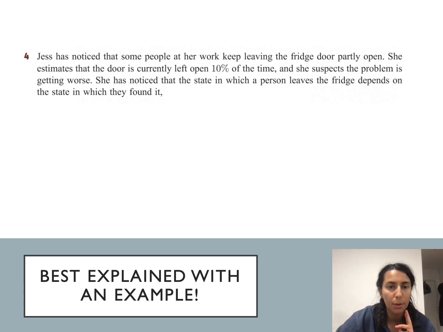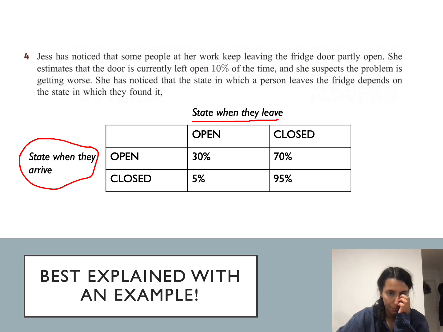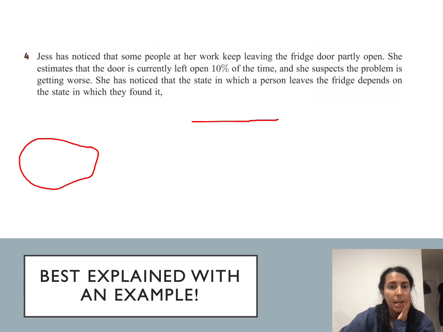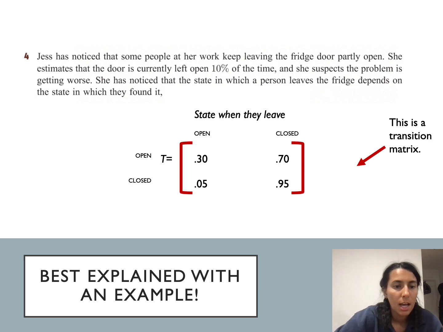So we can now put this information into a table like I had the other one, and you can see here, this is the current state and this is what happens in the future. And I can make this one as a matrix, and you can see here I've changed it to decimals, so this is my transition matrix, and that's why I label it T.